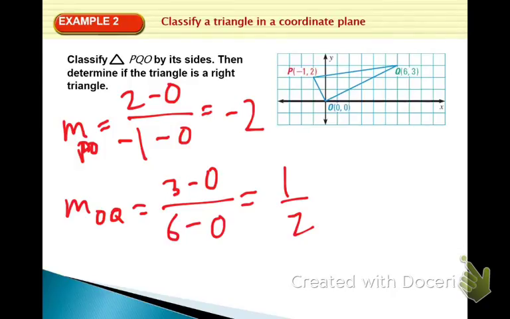Are those lines perpendicular? Yes, because they're opposite. Right, they are. There's a negative 2 and 1/2. We flip the 2, it becomes 1/2. We change the sign, it becomes positive 1/2. They're opposite reciprocals. So we could say it is a right triangle.